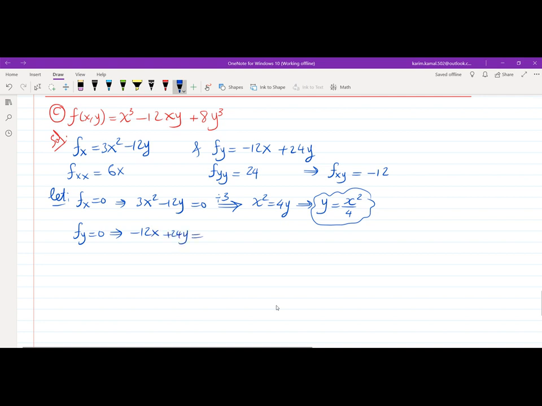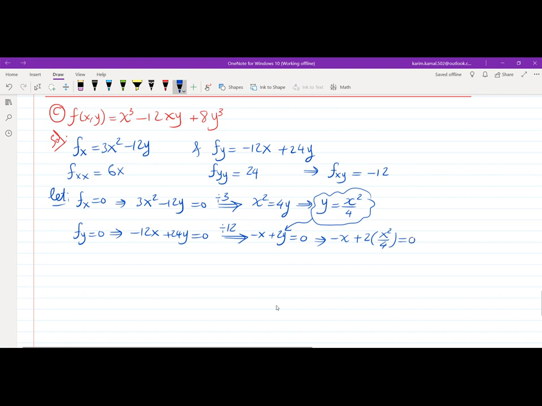If we divide by 12, we will get negative x plus 2y equals 0. And from this equation, plugging it here, then negative x plus 2 times x squared over 4 will be equal to 0. We have to solve this equation.